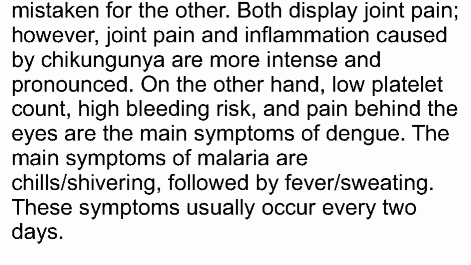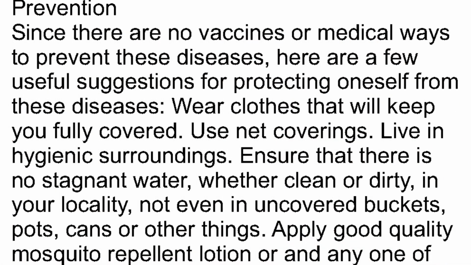However, joint pain and inflammation caused by chikungunya are more intense and pronounced. On the other hand, low platelet count, high bleeding risk, and pain behind the eyes are the main symptoms of dengue. The main symptoms of malaria are chills/shivering, followed by fever/sweating. These symptoms usually occur every 2 days.